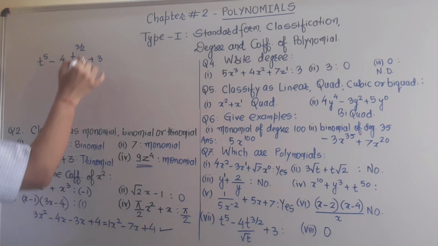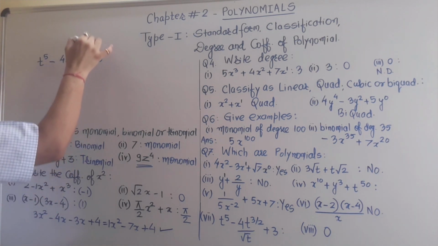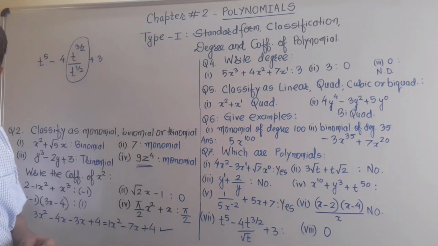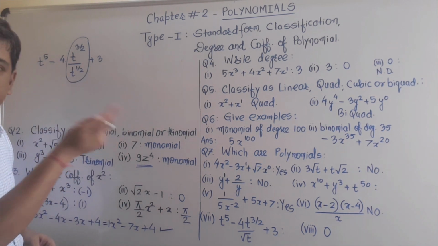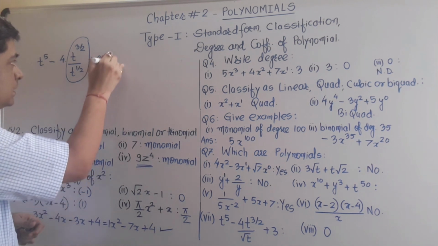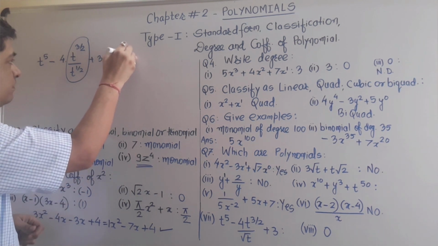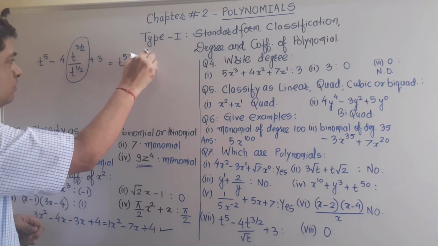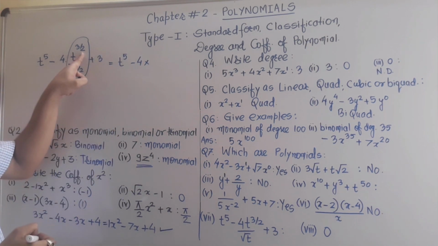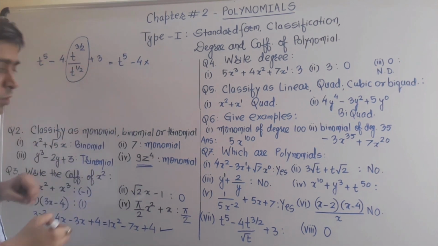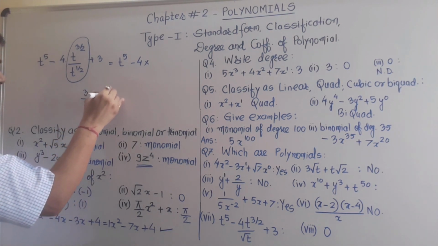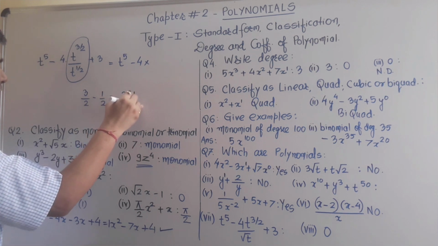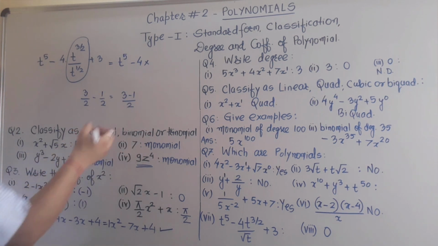Now observe, on this particular term I can apply the formula a to the power m upon a to the power n is equal to a to the power m minus n. So here t to the power 5 as it is, minus 4 will be as it is, and from 3 by 2 I will subtract 1 by 2. So in rough, 3 by 2 minus 1 by 2 will be 3 minus 1 upon 2, because 2 is the LCM, and numerator I am writing as it is.